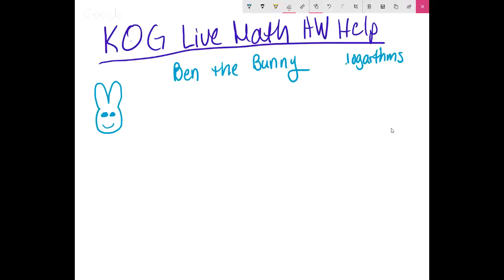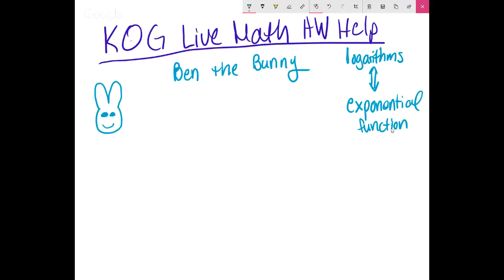So a logarithm is a function, and it is the opposite of an exponential function. Not exponent, but an exponential function. And that's why we're able to go back and forth between logarithms and exponents.